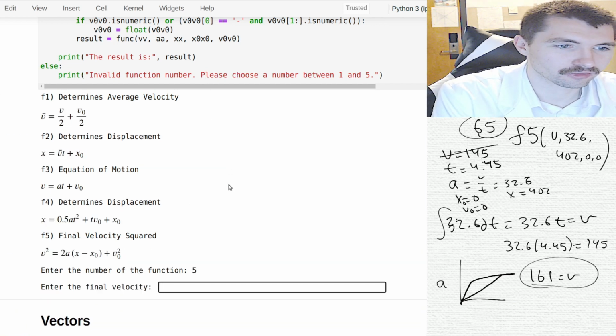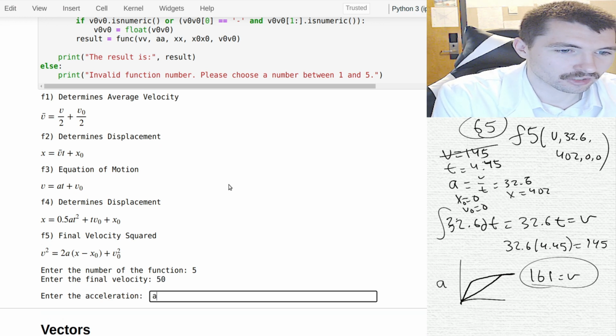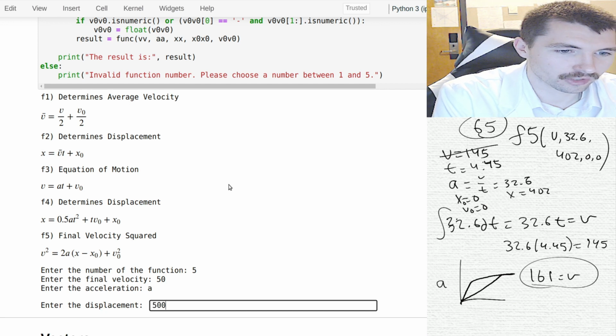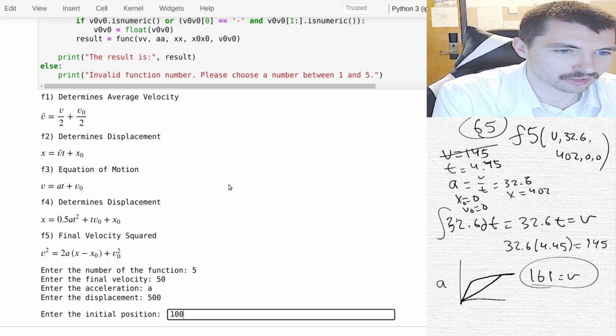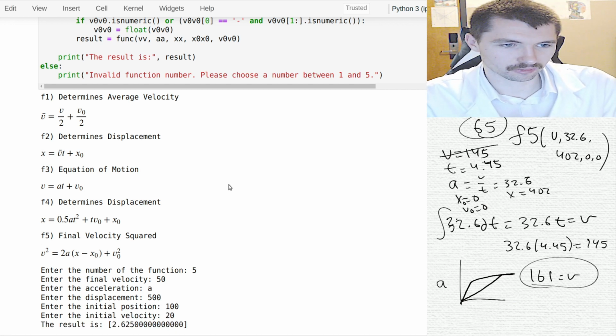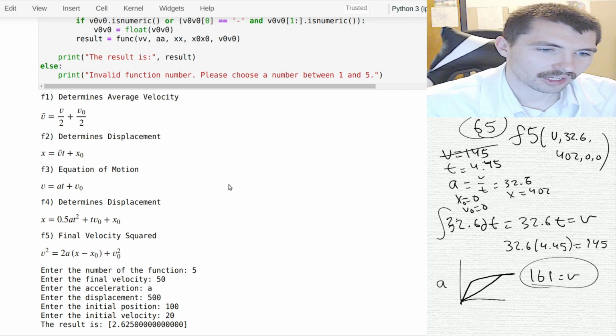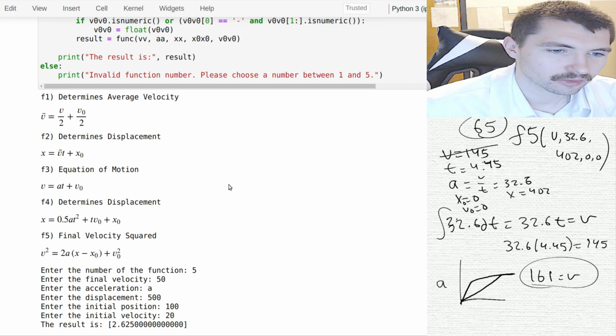And 5. Final velocity, 50. We're going to solve for A. Let's go 500. And start at 100. 20. A is 2.6 meters per second squared.